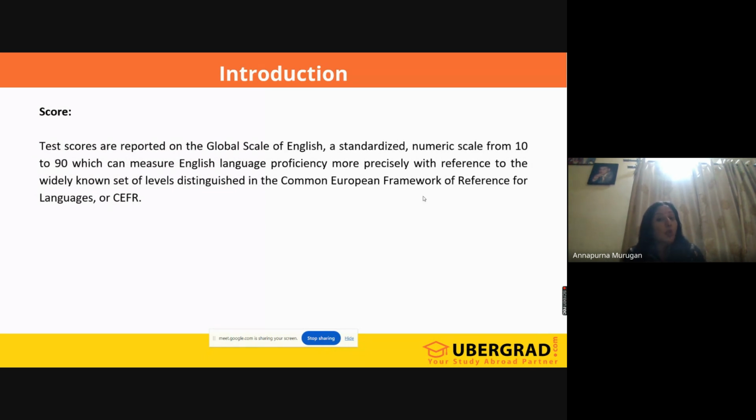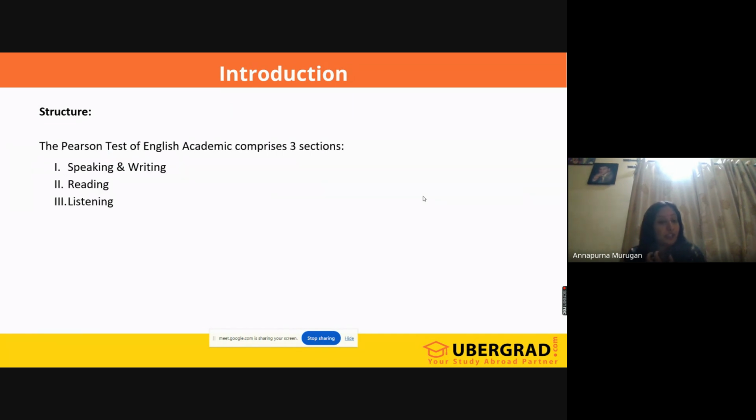You will be scored on a scale of 10 to 90. So what is the score that you are going to be getting between 10 to 90? When you see the scorecard, you will see how nicely they evaluate your knowledge of the English language.